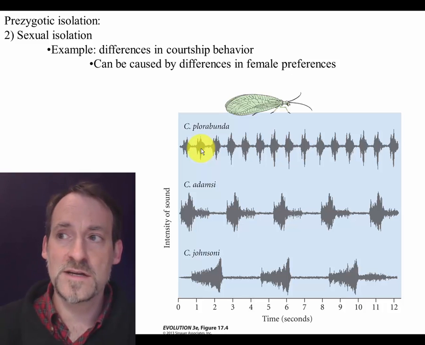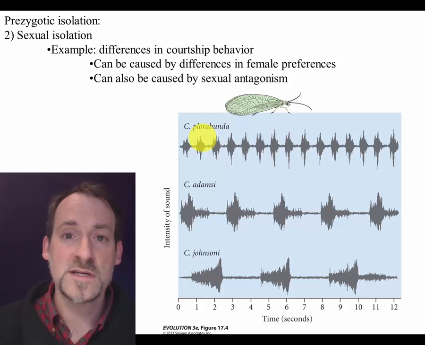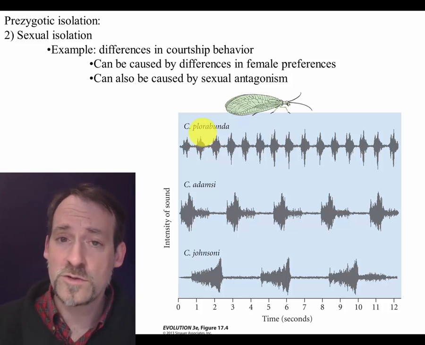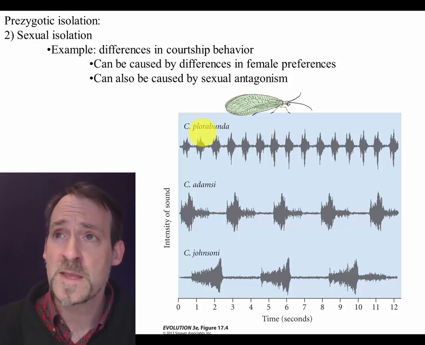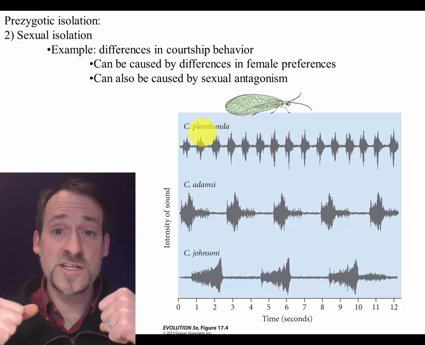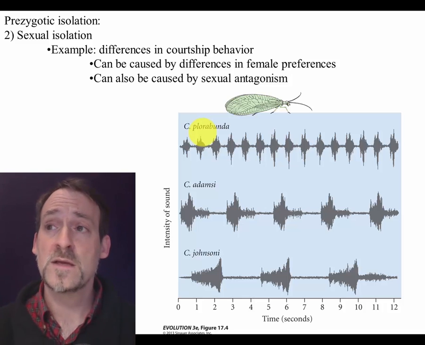This sort of sexual isolation can be because of differences in female preferences. It can also be caused by sexual antagonism. When you learned about sexual selection, you learned that there are some traits that have evolved because males and females are trying to get an edge over one another in terms of controlling reproduction.